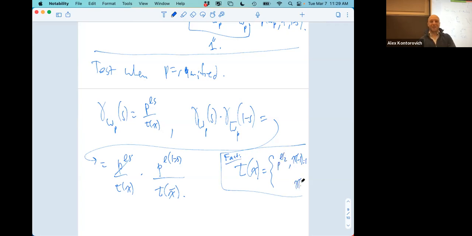And if chi of -1 is -1, then this is I times P to the L over 2. Tau is the Fourier transform at 1, or unnormalized Fourier transform at 1. It's the sum over M mod P to the L, chi M e to the 2 pi I M over P to the L.